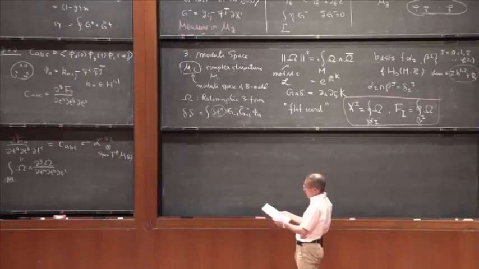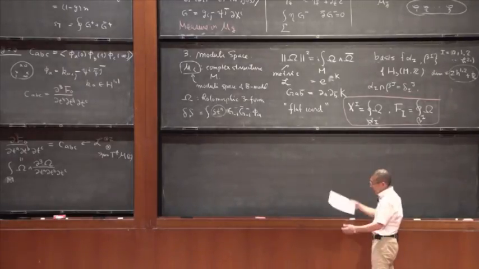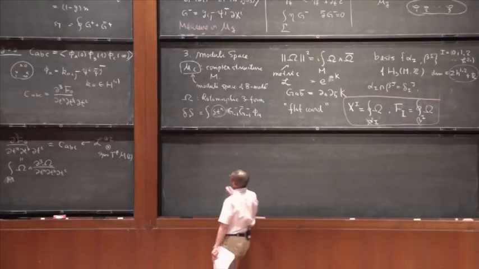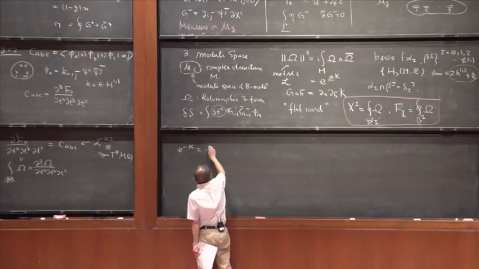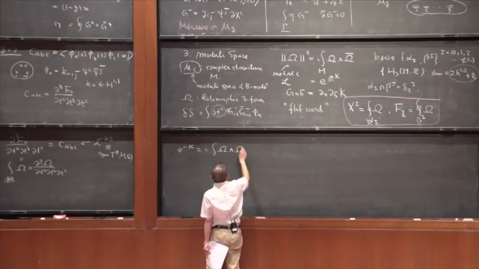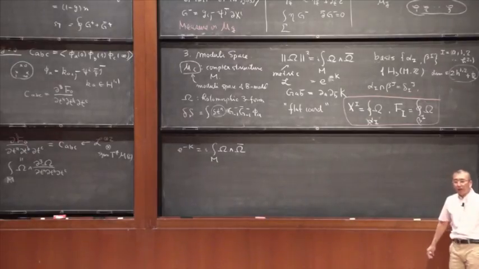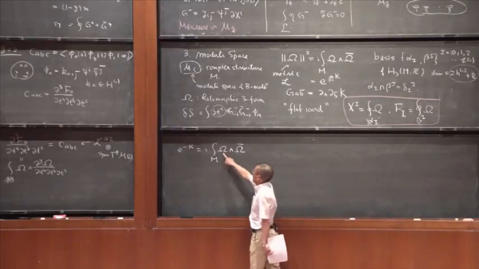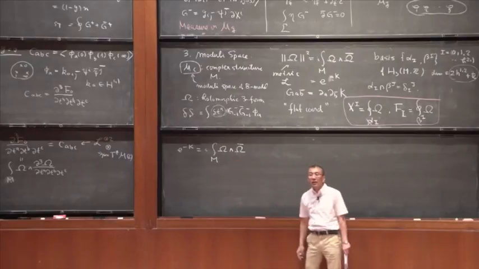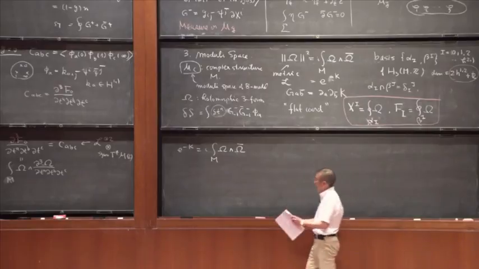Another thing that you can compute quite explicitly is this metric and therefore the scalar potential itself. So e to the minus K, as I just wrote over there, is the integral of i times omega wedge omega bar over the Calabi-Yau manifold. But you might have seen when you studied perturbative string theory that if you have an integral like that of holomorphic and anti-holomorphic things, you can decompose it into period integrals. This is called the Riemann bilinear identity.